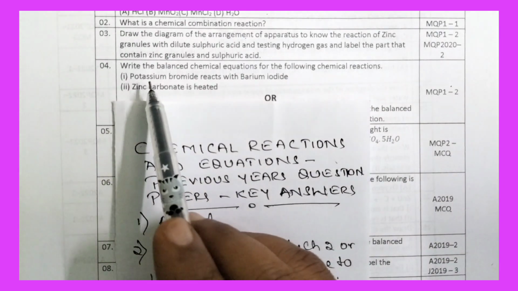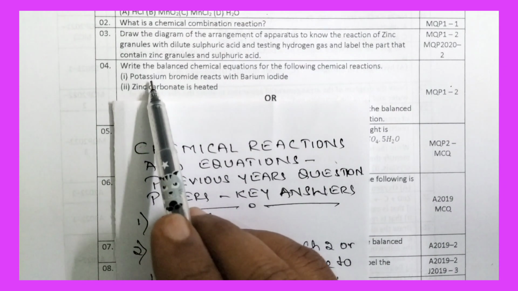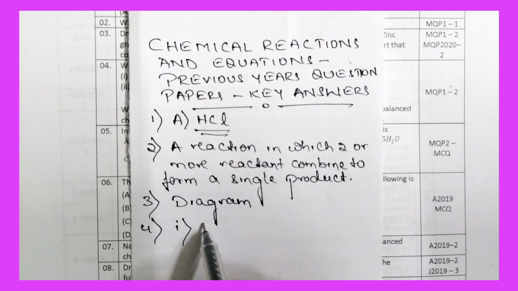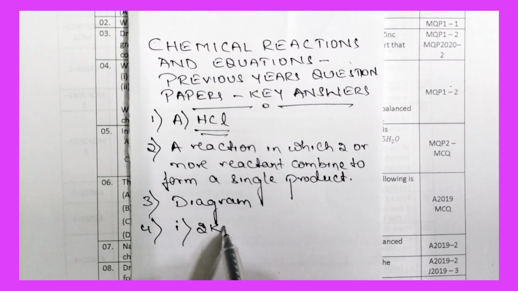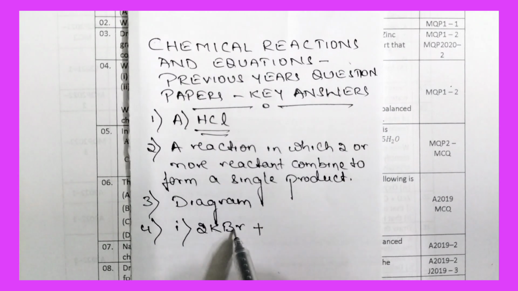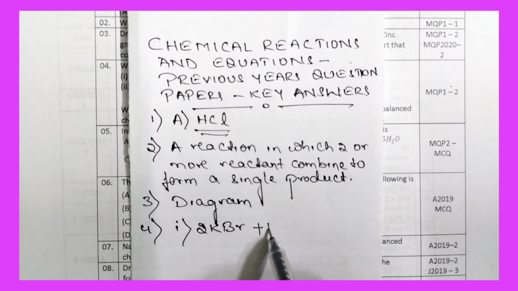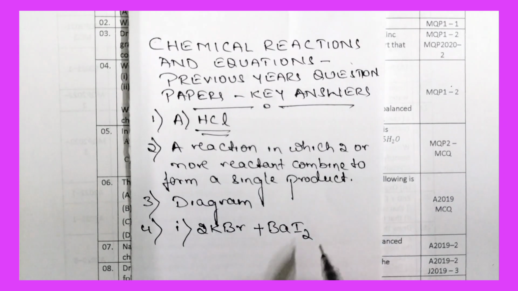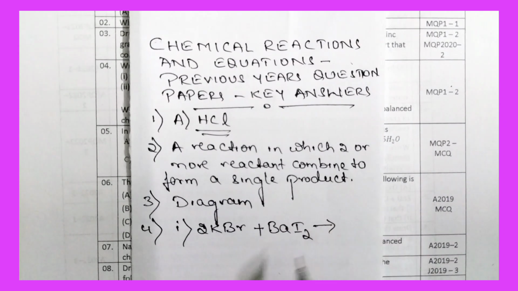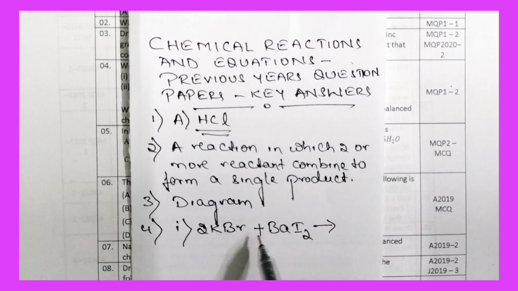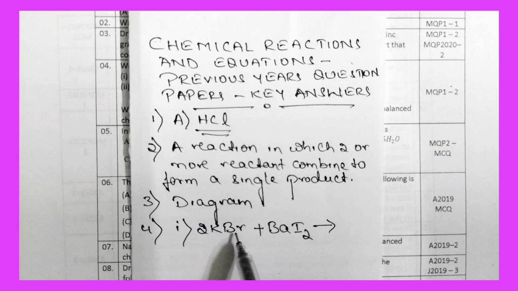Now let us write the balanced chemical equation. Potassium bromide is 2KBr, when it reacts with barium iodide, BaI2. So now it gives rise to potassium reacting with iodine and barium reacting with bromine.